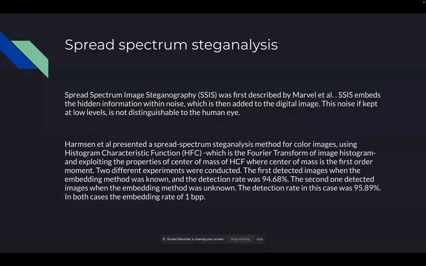Two different experiments were conducted. The first detected images when the embedding method was known, and the detection rate was about 94%. And the second one detected images when the embedding method was unknown. The detection rate in this case was almost 96%. In both cases, the embedding rate was 1 BPP.